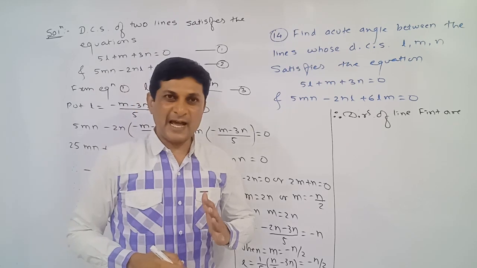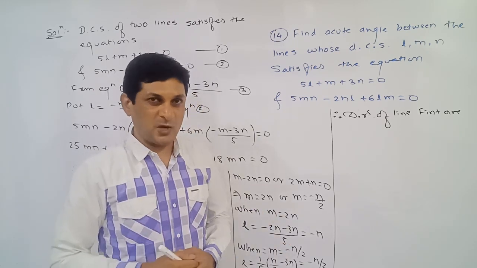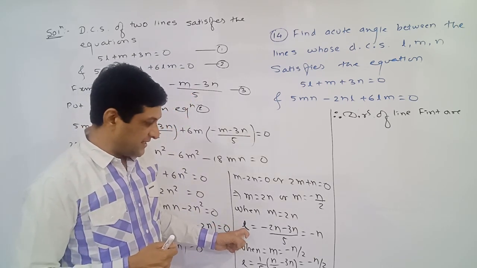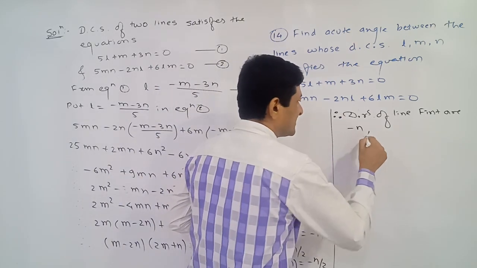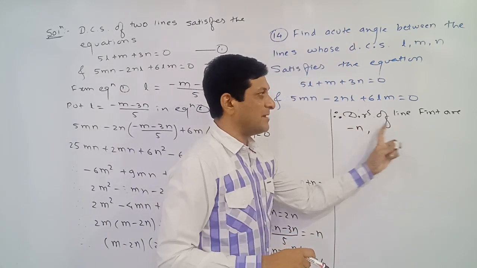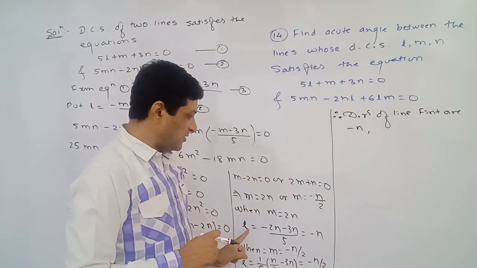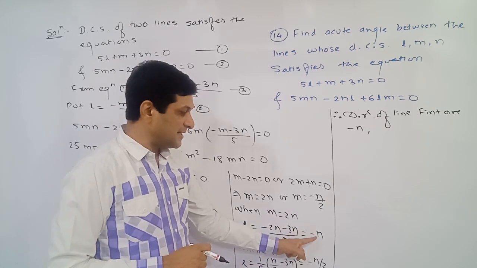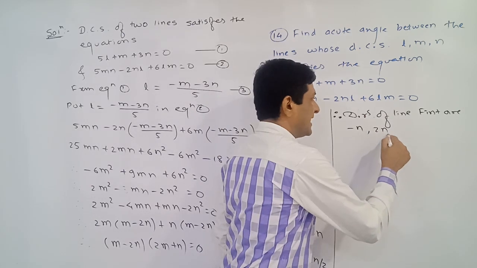Already we know that direction cosines are also called direction ratios, but the converse is not true. For the first line, l is equal to minus n. Just we are writing the values of l, m and n. Already the value of l we have got is minus n, and m is equal to 2n.